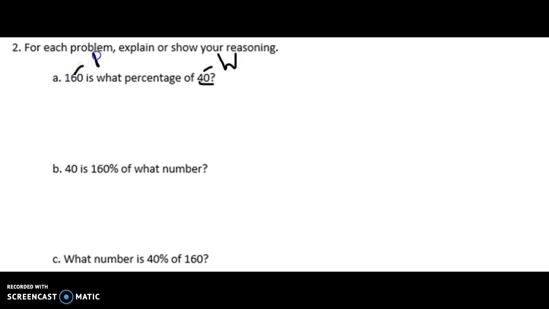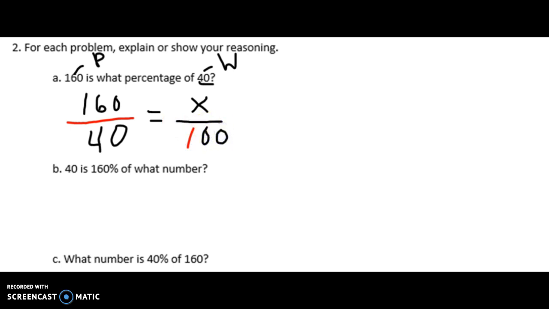160 is my part. So to solve this one, I have to set up two equivalent ratios, thinking that percent means part of 100. So I take my part, 160, over my whole, 40, and I know that that's going to equal something. So since you guys are working with variables now, we're going to call our something x over 100.